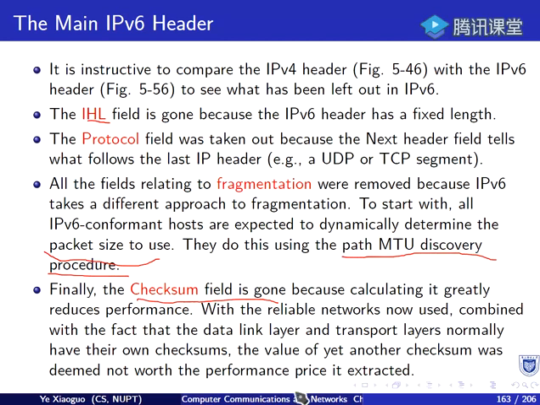With the reliable networks now used, combined with the fact that the data link layer and the transport layer normally have their own checksum, yet another checksum was deemed not worth the performance price. So this field is gone.